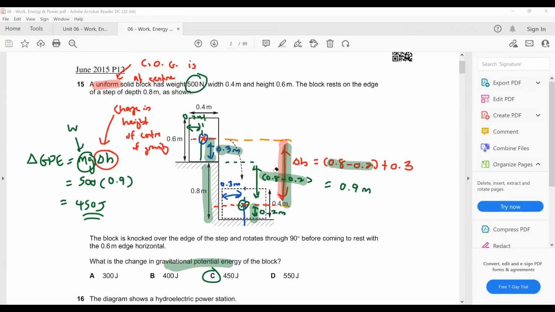Use the proper one. I just highlighted it for you. I want this plus this, which will give me this. 0.8 minus 0.2 plus 0.3, 0.9 times 500, you're going to get 450 joules. All right, so this is for this question. So far so good. So this one is okay.